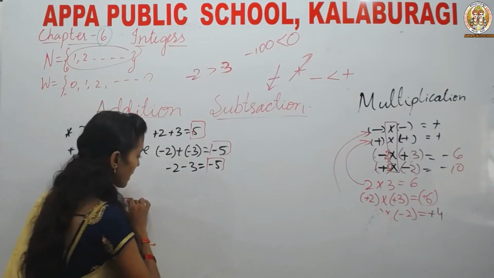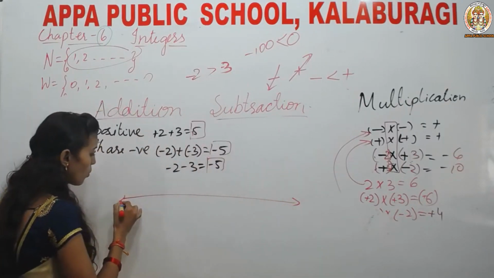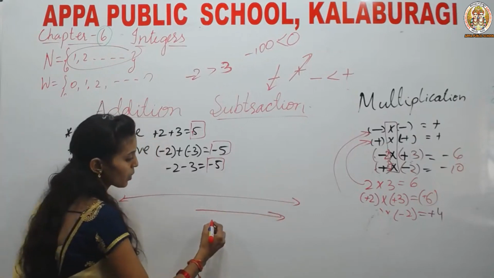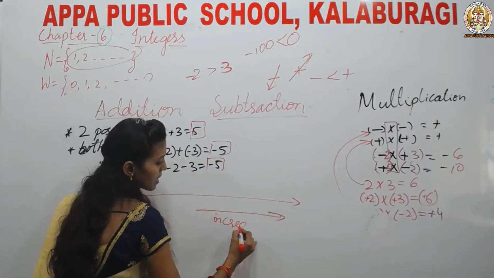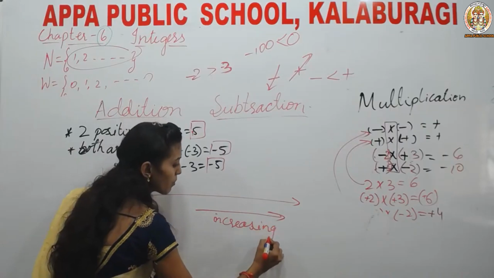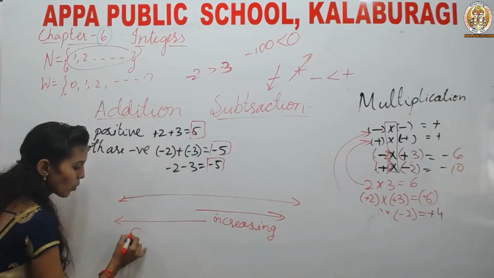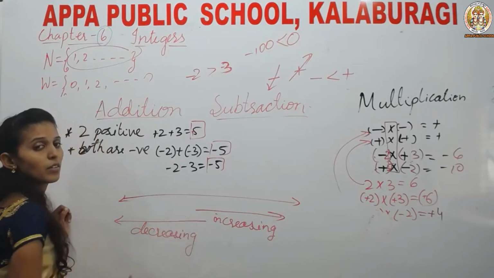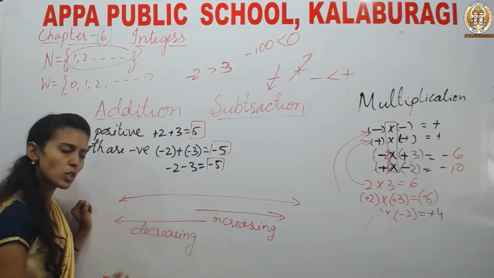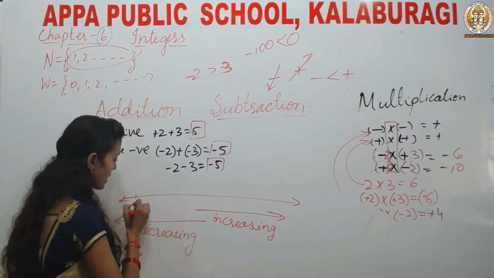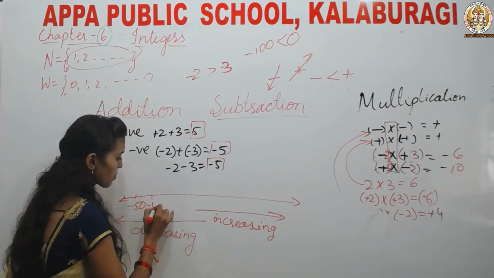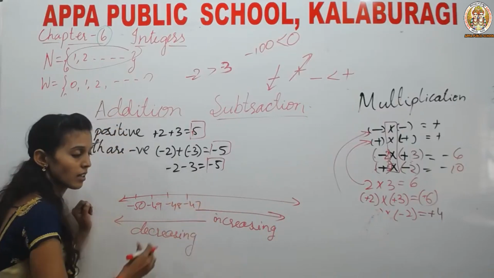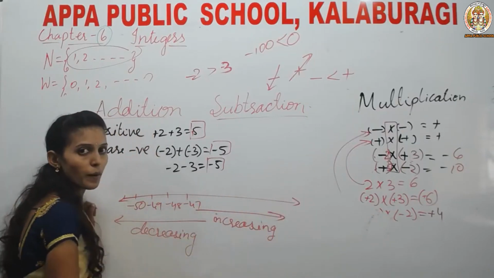Because on the number line, when we move towards the right side, value will go on increasing. When we move towards the left side, value will go on decreasing. Right. Not only from zero, from any number. If I say it is minus 50, it is minus 49, it is minus 48, it is minus 47, so it is moving towards 0.